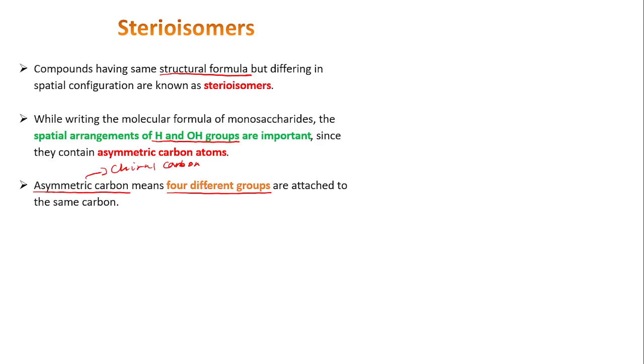So when you define a chiral carbon, you can use the same definition as an asymmetric carbon: a carbon attached to four different groups. We'll look at that later.